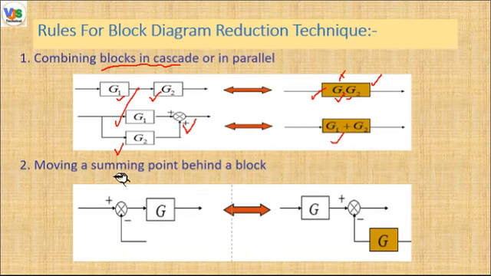Now when we have to move the summing point behind the block, we have to add a gain value G into the moving path. So this is the moving path and we can add this value as gain G into this moving path.